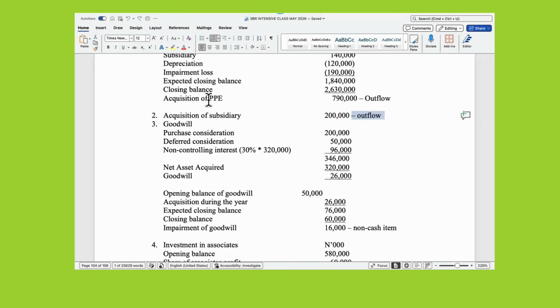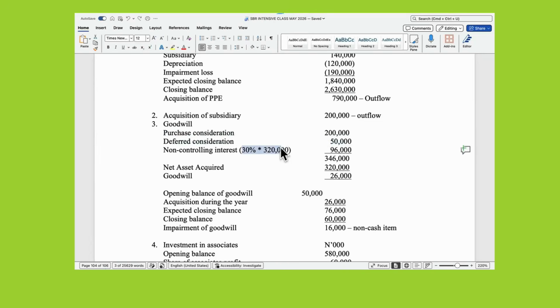Then for the goodwill, the way goodwill is determined is my purchase consideration plus my deferred consideration, which is the 50, plus value of NCI.